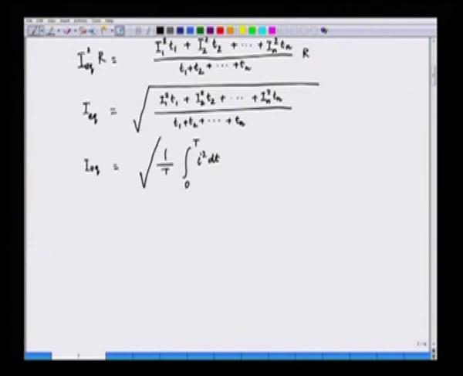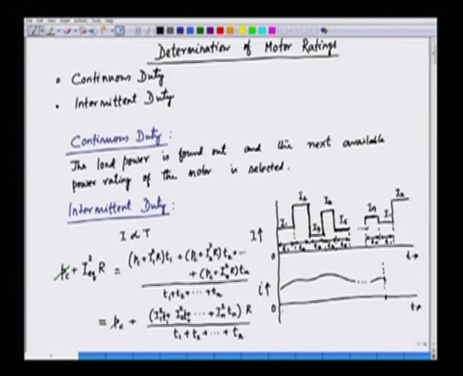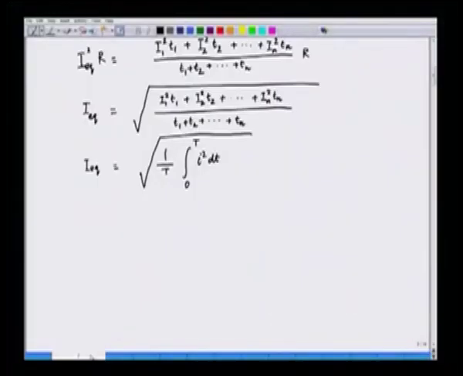Let us say the current has the time period capital T, and after this capital T the same thing repeats. If this is the nature of the current and the variation is continuous, we can integrate the current over this whole time period, and the integration gives us the equivalent current, as we have seen in the equation.